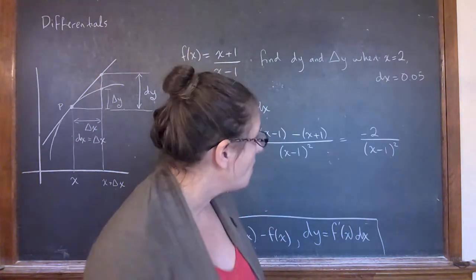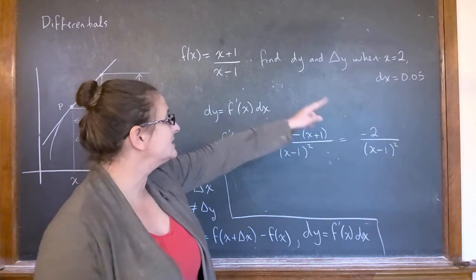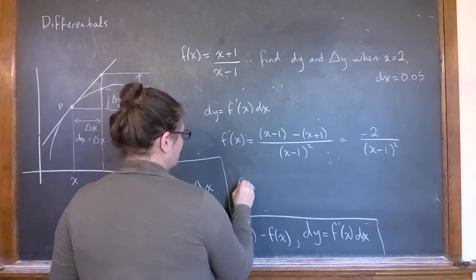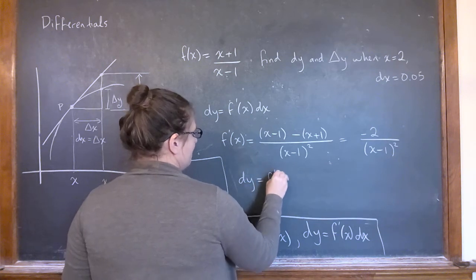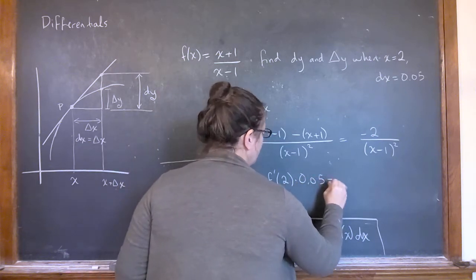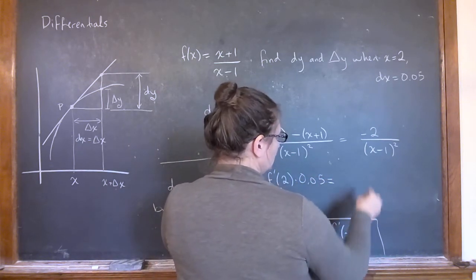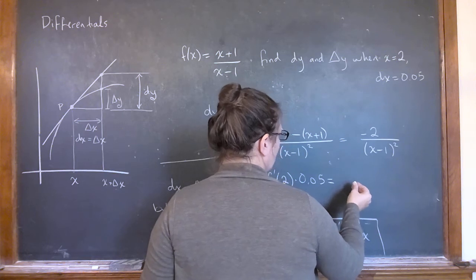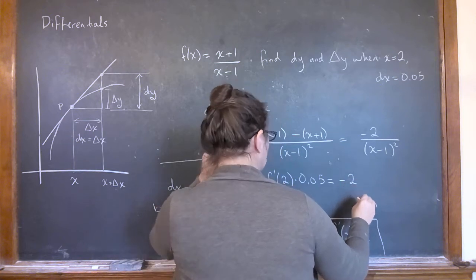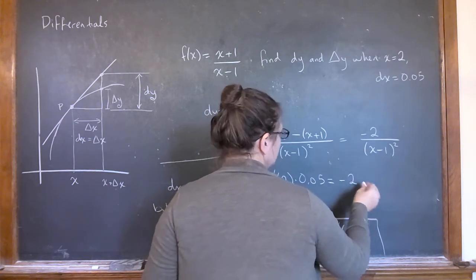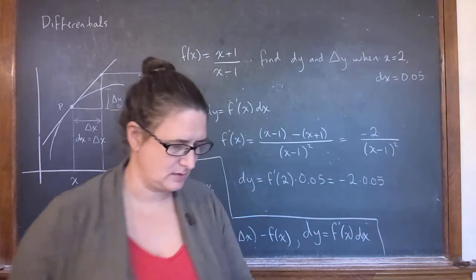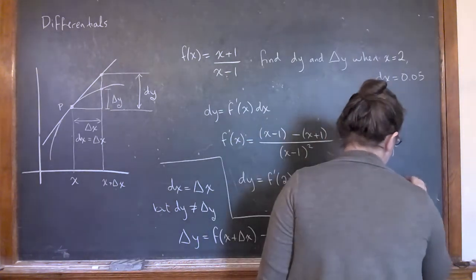My x is 2, my dx is 0.05, so I just put that in. It's f prime of 2 times 0.05. If I put in 2 there, 2 minus 1 is 1, so minus 2 times 0.05. So this is just negative 0.1.